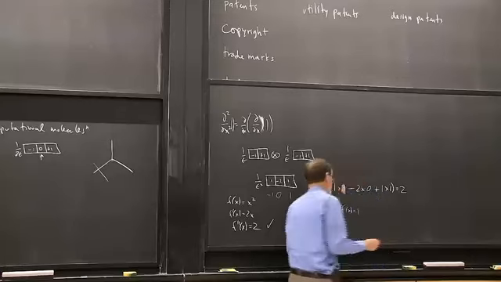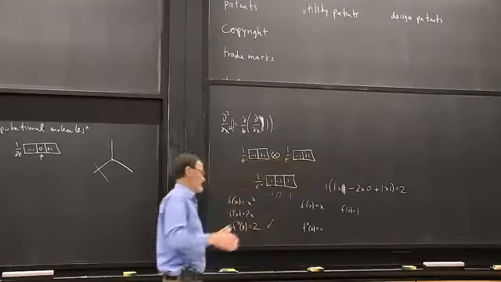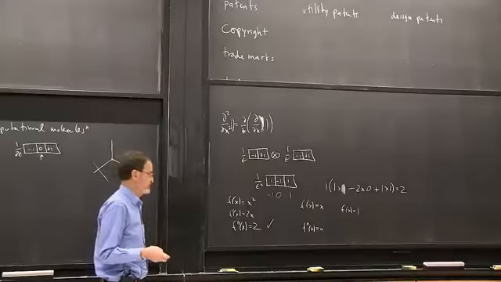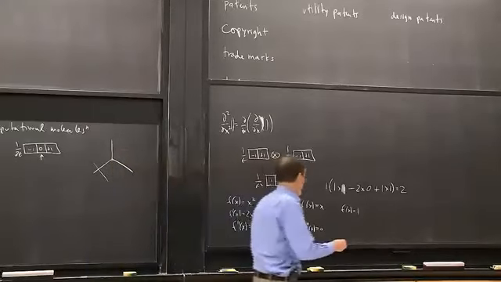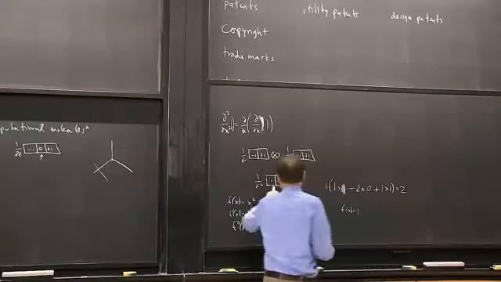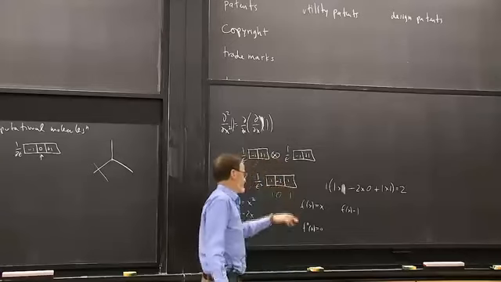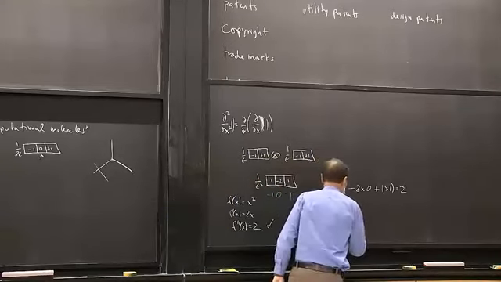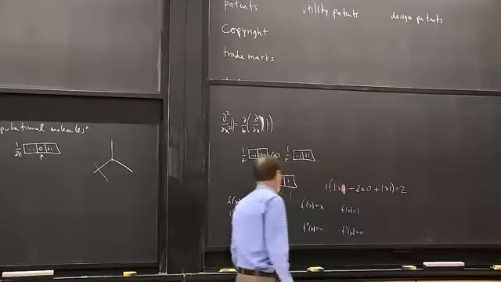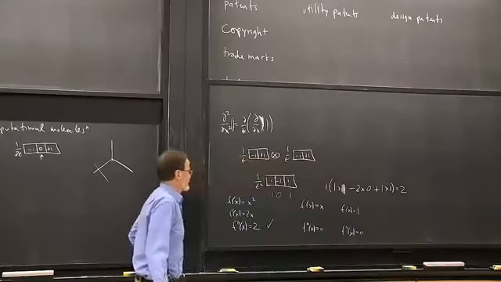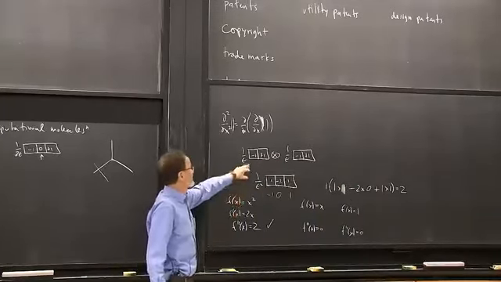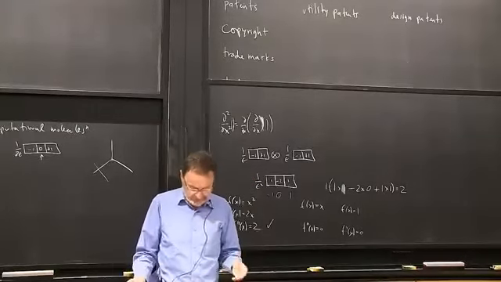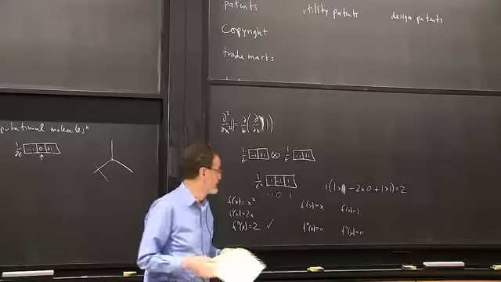You want to check it for polynomials of low order up to the order of the derivative you're trying to get. So if f of x is 1, then of course we get 1 minus 2 plus 1 is 0, which is again what it should be, because the second derivative is 0. So one of the constraints on these operators, if they're supposed to be derivative operators, is that the weights add up to 0. That makes sense.